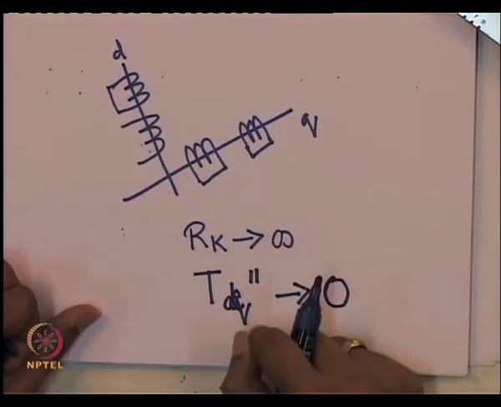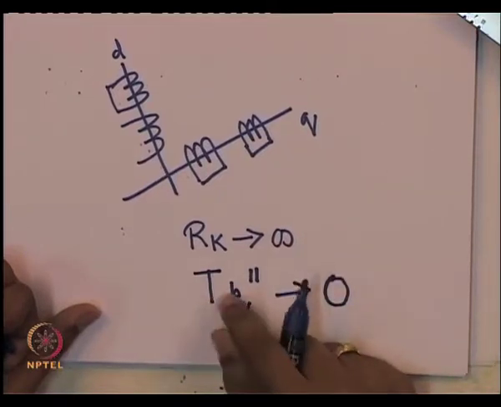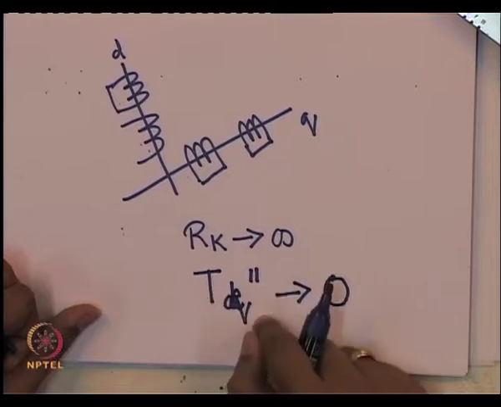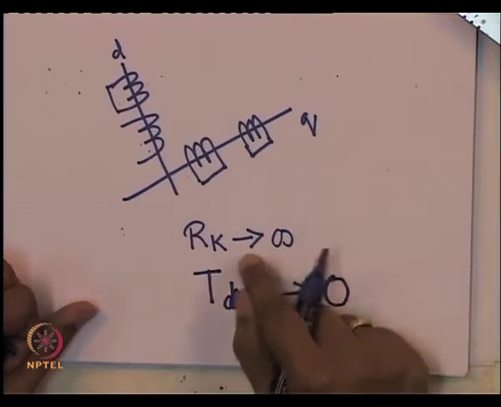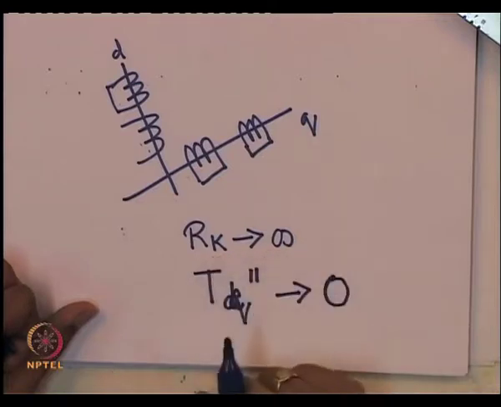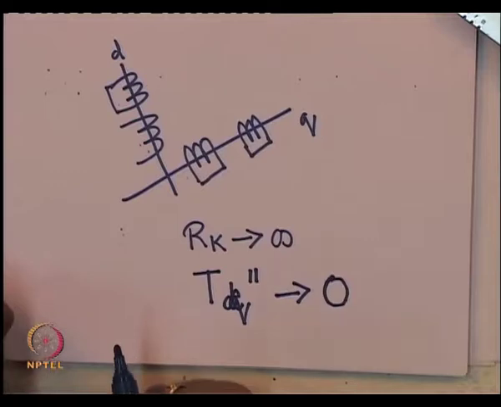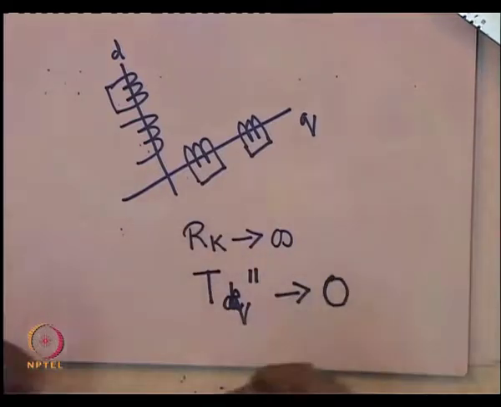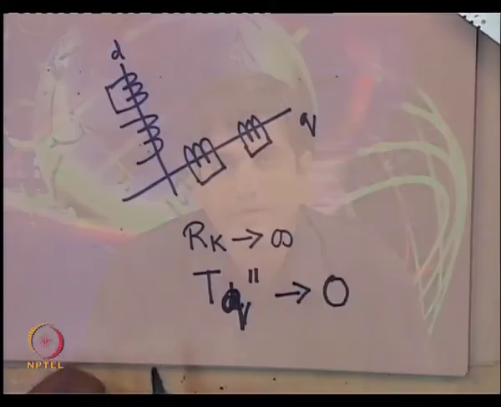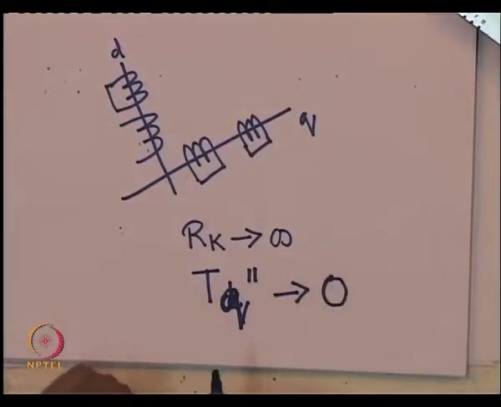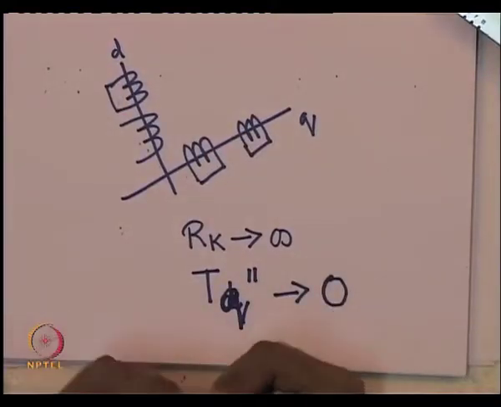Well, I know the equations relating the time constants in the standard parameter model with the original inductances and resistances of the winding. Recall this, we have done it somewhere between the 10th and the 20th lecture, where we were modeling synchronous machines. Now, setting R k tending to infinity would mean that you are setting T q double dash tending to 0.